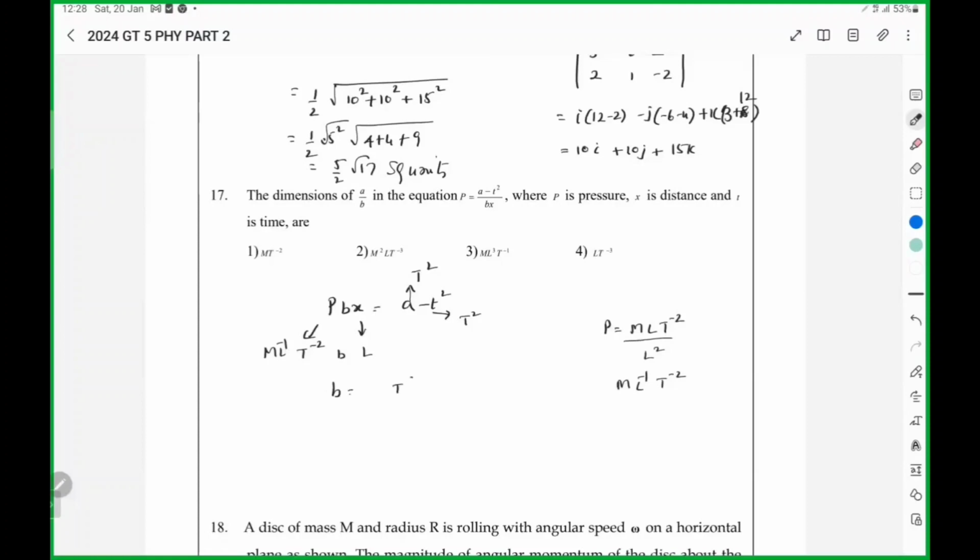So B must have a dimensional formula of T power 4 by... A here is T square. So M T power minus 2.